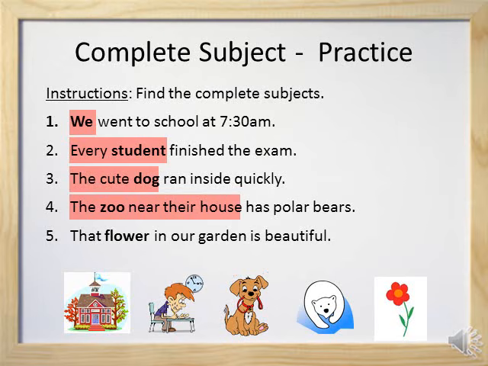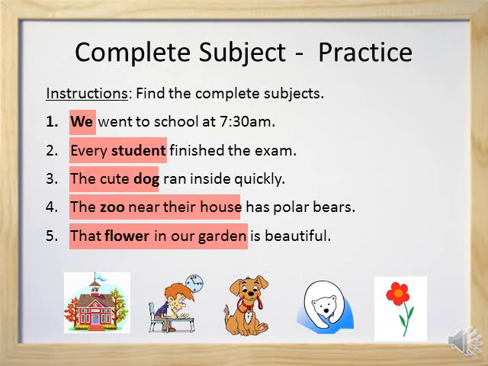And finally, number 5. That flower in our garden is beautiful. What's the action in this sentence? The action is, or is beautiful. So who or what is beautiful? That flower in our garden. This is the complete subject, and if you remember, the simple subject was flower.